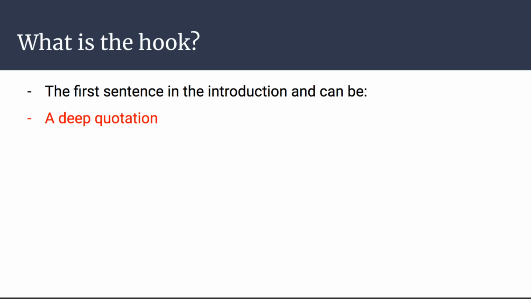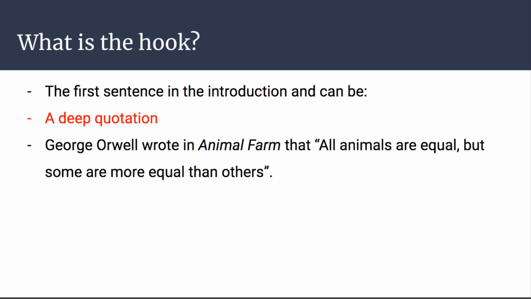But we can use quotations from influential people. For example, George Orwell wrote in Animal Farm that all animals are equal, but some are more equal than others. So we could start with something surprising like this, where it's a contradiction that you can be equal but more equal.